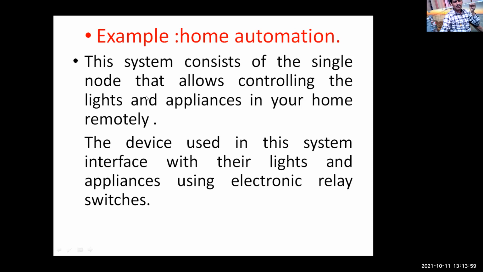For that, you need a sensor node. It sends the information, whether that switch is on or off. I need to gather the information that the device is either in the on state or the off state, and you want to make it either on or off. That is a basic application.